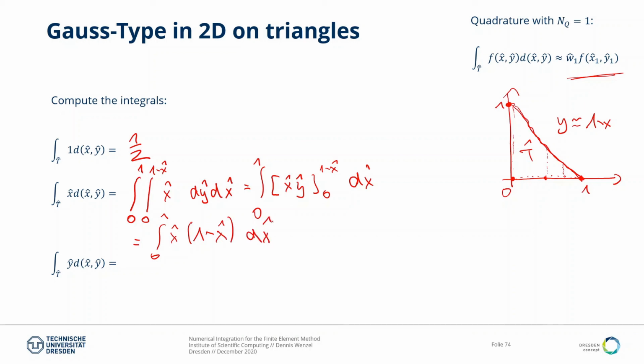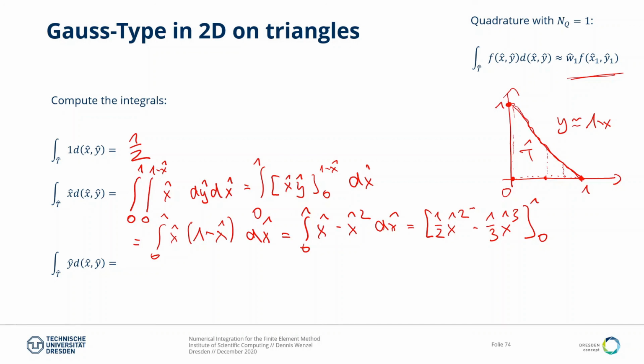Okay, and then I can write this a bit differently: x hat minus x hat square, dx hat. Then I can compute this integral as well. The first part should give you a primitive of 1 over 2 x hat square, and the other part should be 1 over 3 x hat to the power of 3, and those boundaries are 0 and 1.